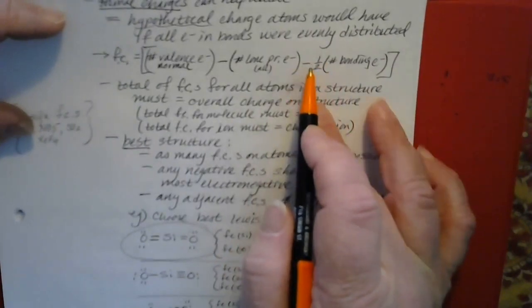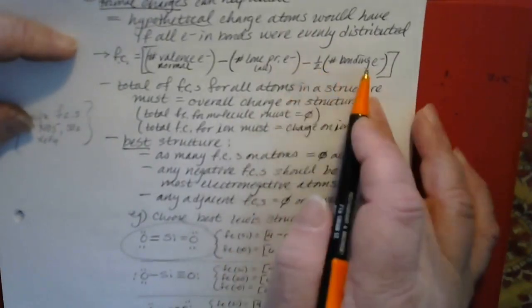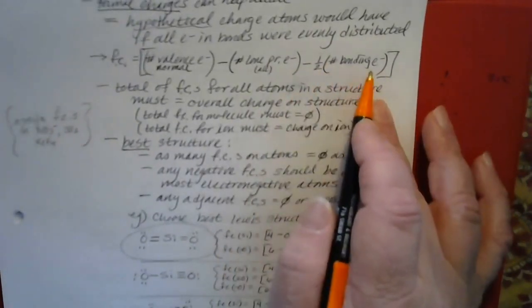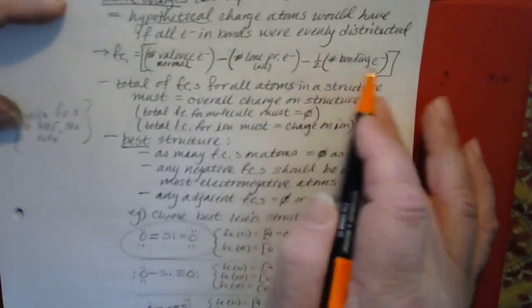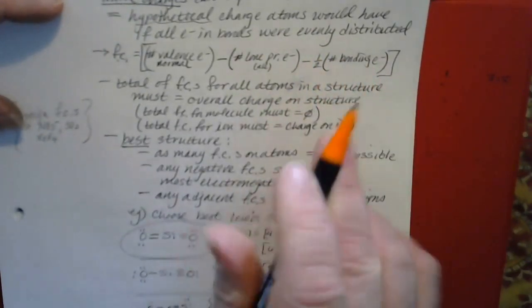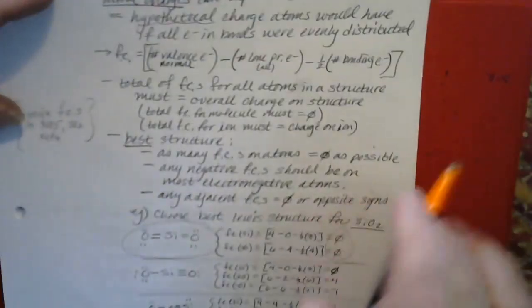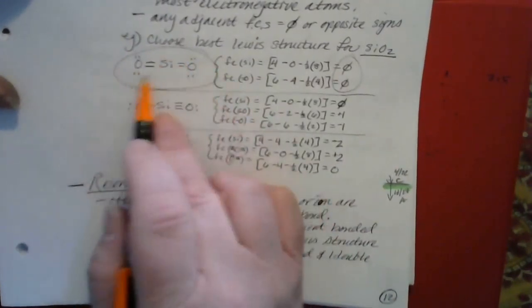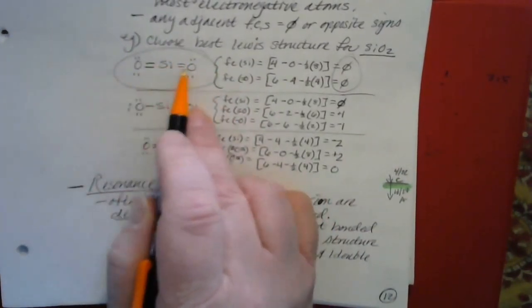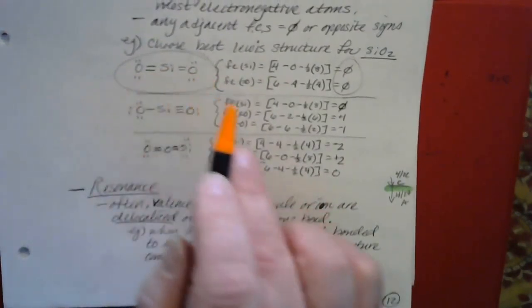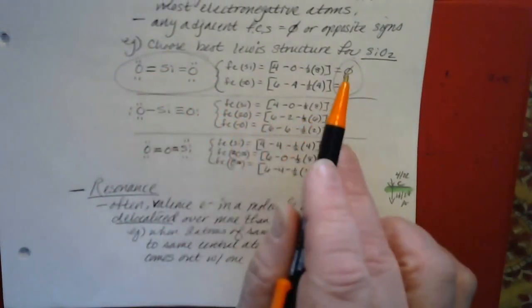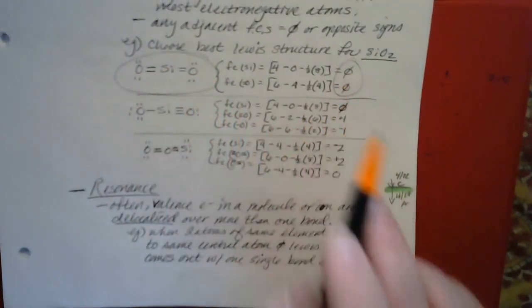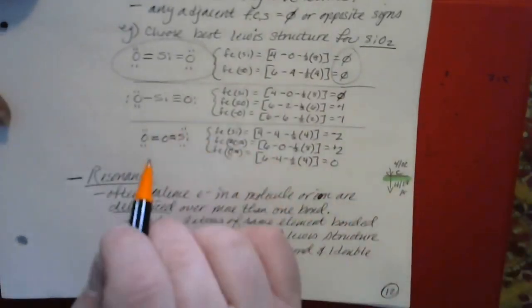Essentially, you're subtracting the number of bonds that that atom is engaged in, or 1/2 of the number of electrons in all of the bonds around that atom. And that will give you your formal charge. We decided for silicon dioxide that the first structure, where silicon has a double bond to each oxygen, is the best one, because that's the one where all of the formal charges are zero.